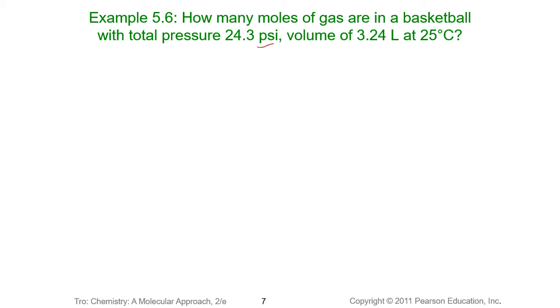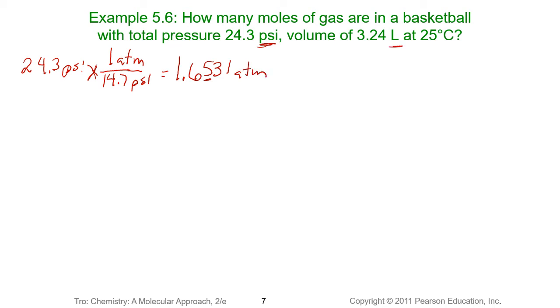Well, our pressure is in psi, and so we are going to have to convert the psi into atmospheres. And when we do that conversion, we get 1.6531 atmospheres.